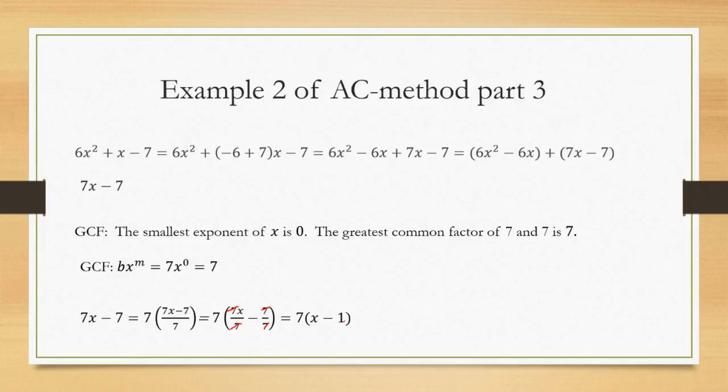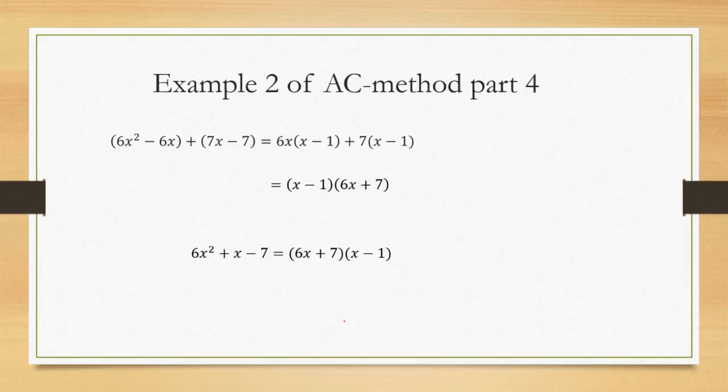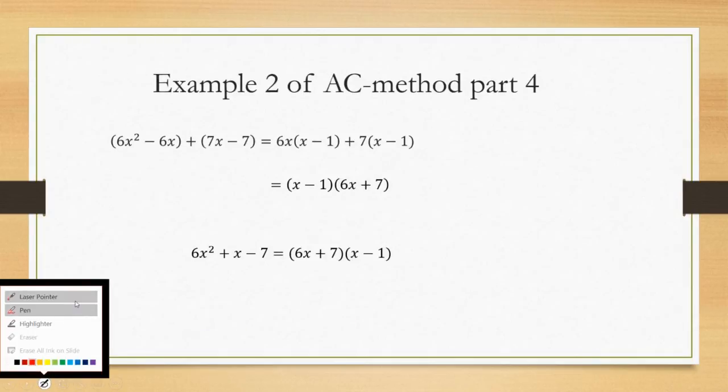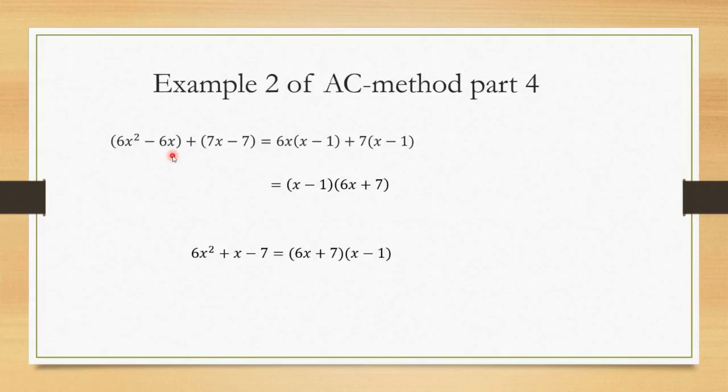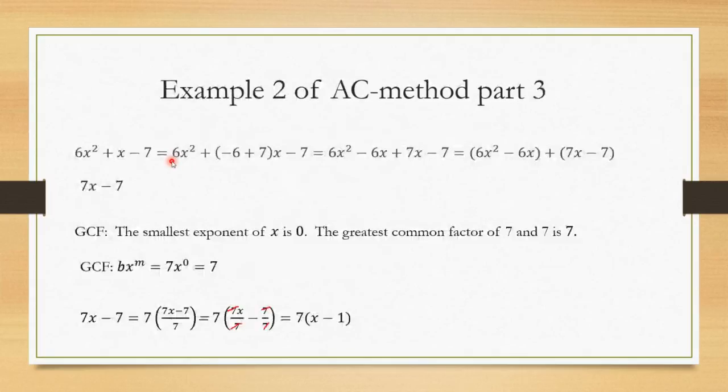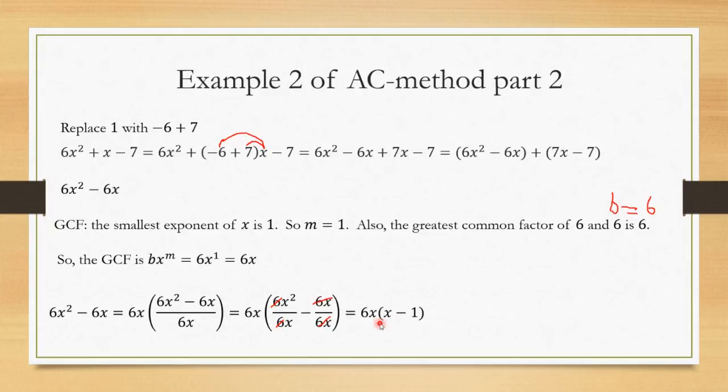So that's what happens here. All right, that's good. So altogether, from the first group when we factored it, we got 6x times x minus 1.